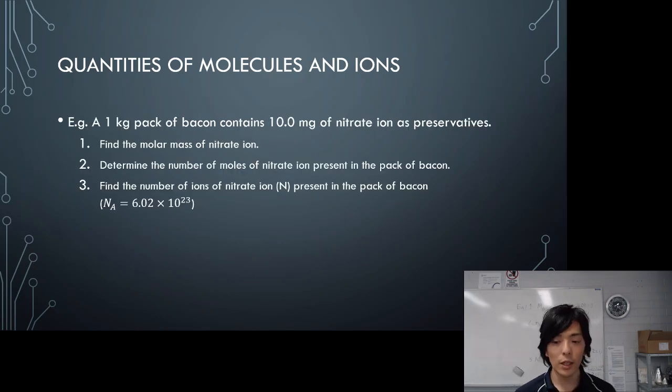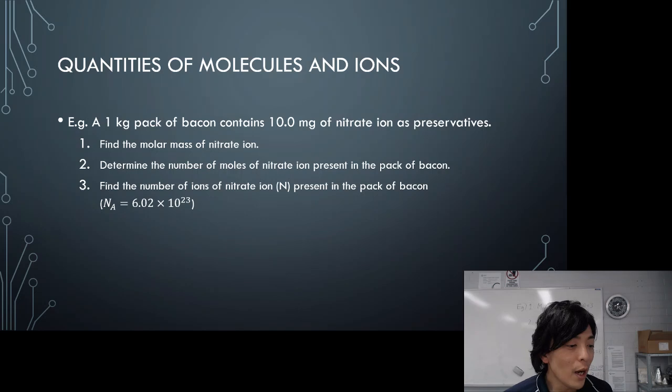Okay, let's look at the example which is on the board. The question is: a 1 kilogram pack of bacon contains 10.0 milligrams of nitrate ion as preservative. If you don't know what the nitrate ion's formula is, you better know that, because that was part of 2.2. You need to learn how to write polyatomic ions off by heart.